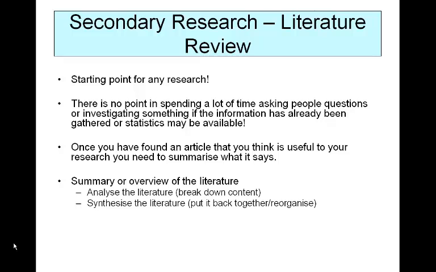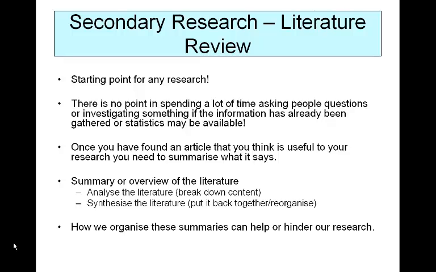In other words, put it back together again, but in a more easy to follow way. How we organise these summaries can help or hinder our research, and so we need to look at one way to analyse the literature and synthesise the content.